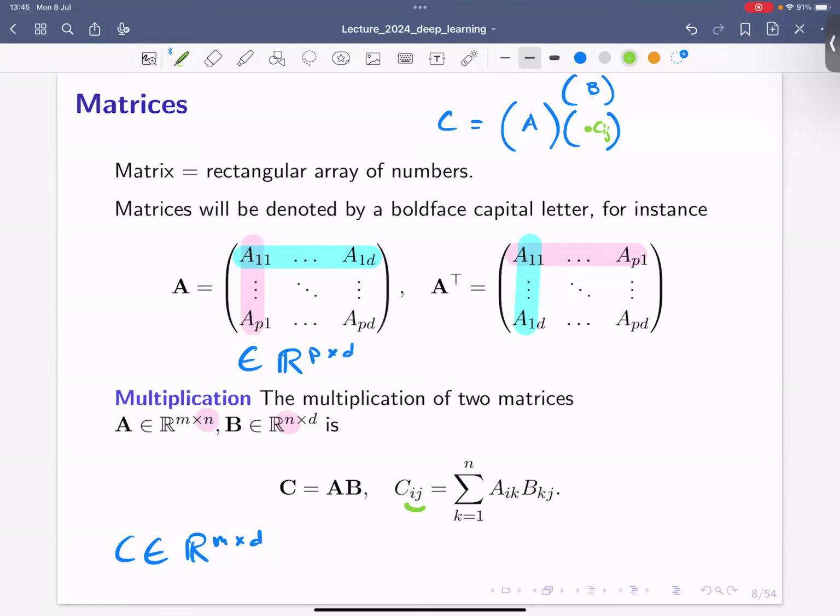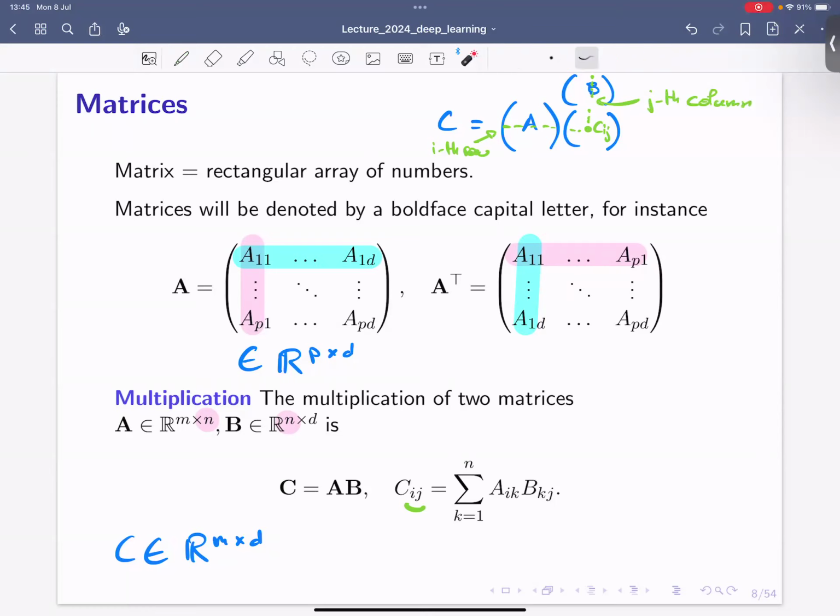So what we have to do is go over the ith row of the matrix A and multiply this here by the jth column of the matrix B. Okay, so this is the ith row of the matrix A. And here, this is the jth column.